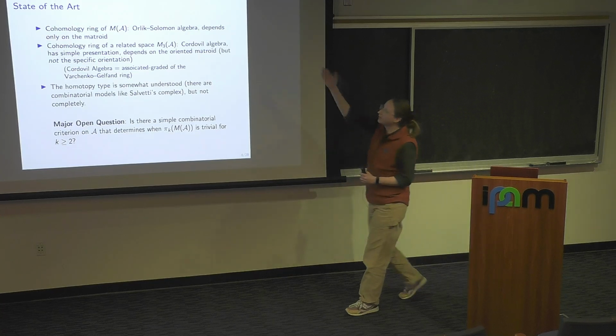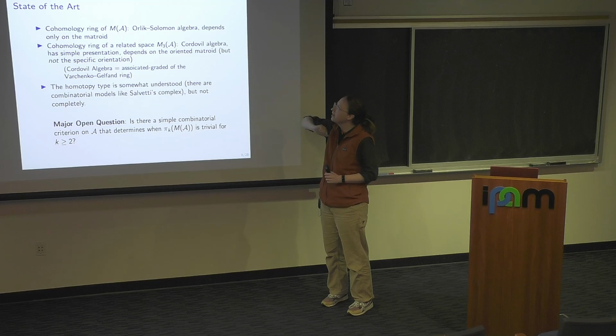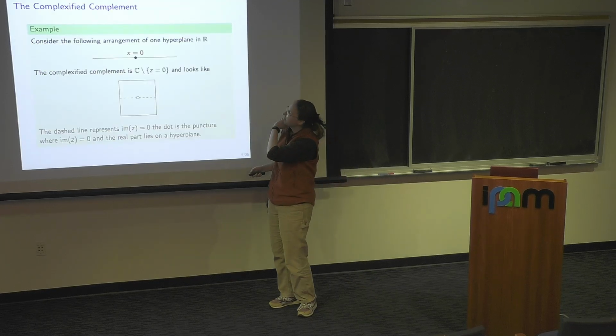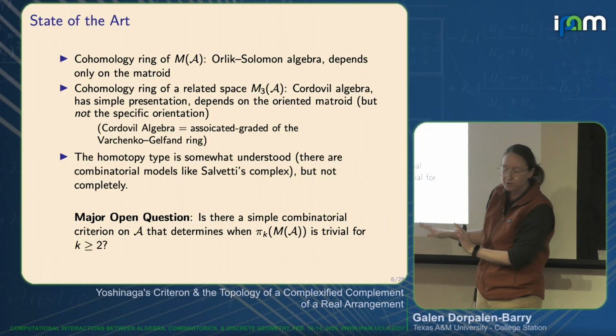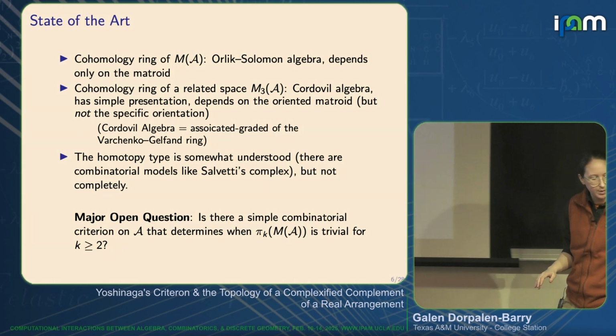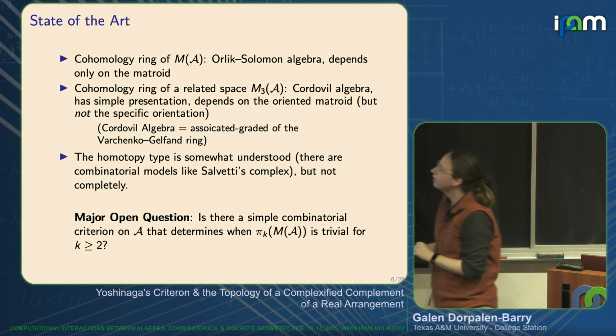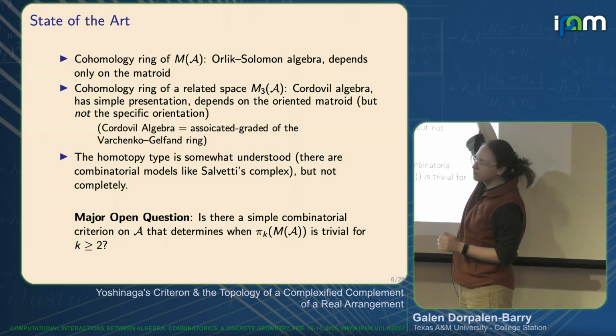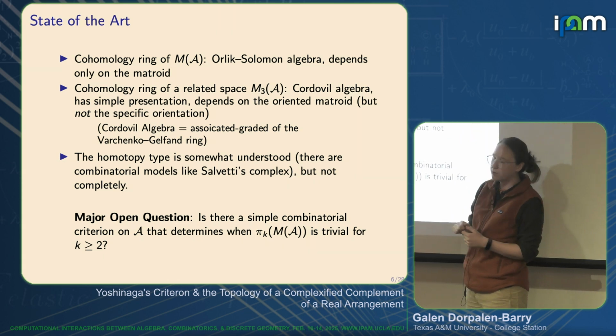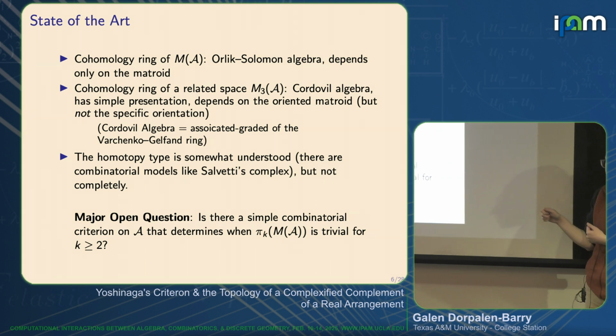Okay. So maybe let me just go through this slide. The punchline is that we have this complexified complement, and a lot is known about it. I just want to give you the bullet points. The cohomology ring of this space is very well studied. It's called the Orlik-Solomon algebra, and it turns out to depend only on the underlying matroid.